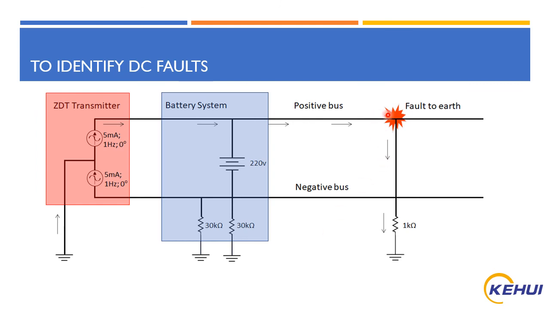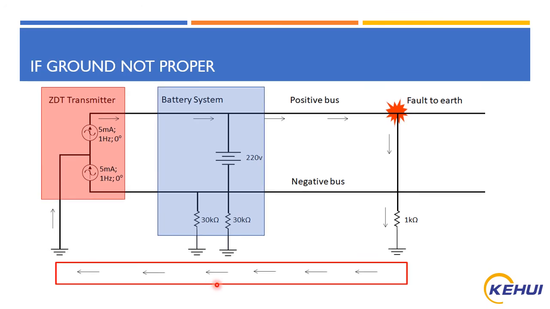Whenever there is a fault in the system, when you connect our equipment and you don't get the closed loop path, it shows that the transmitter is not connected to the proper ground, or the transmitter ground is connected to a ground where it is not grounded properly, or there is no ground point at that particular point. So if you don't get the return path, it means the grounding is improper.